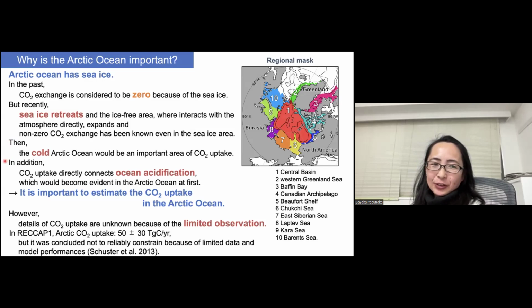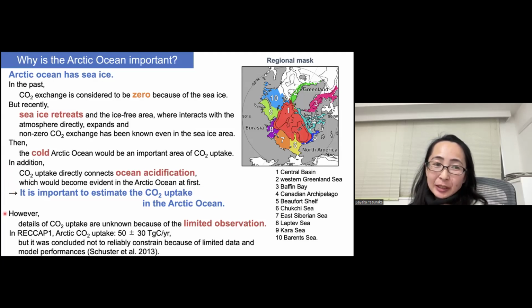And in addition, the CO2 uptake directly connects to ocean acidification, and ocean acidification would become evident in the Arctic Ocean at first. So it is important to estimate the CO2 uptake in the Arctic Ocean, we think.